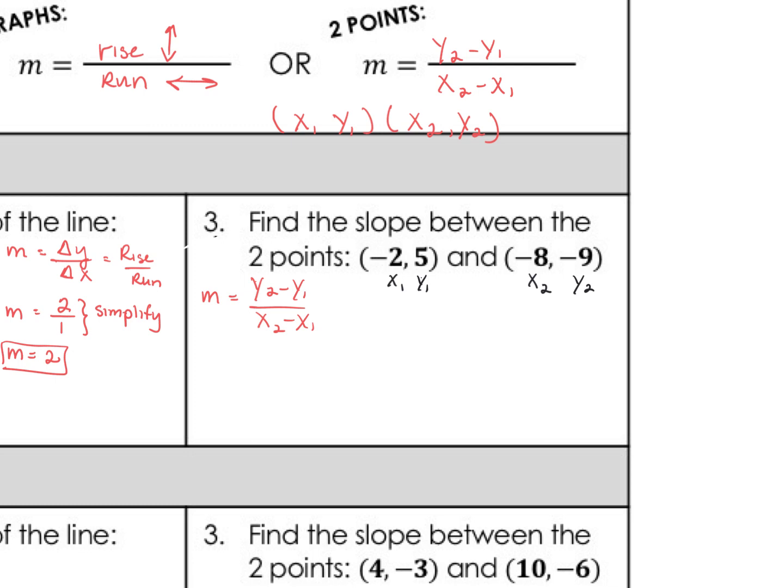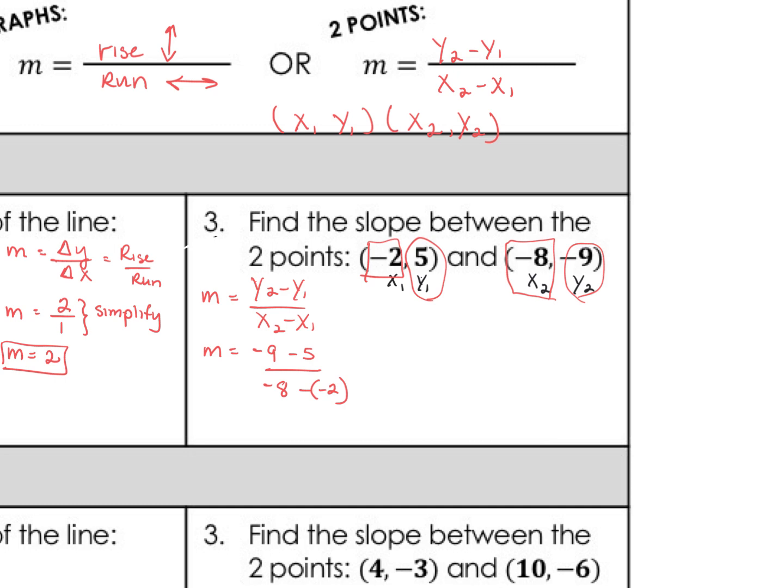And we'll just plug it in. Slope equals y2, negative 9, minus y1, minus 5, over x2, which is negative 8, minus x1, minus negative 2. And you have to remember that it is minus negative 2.